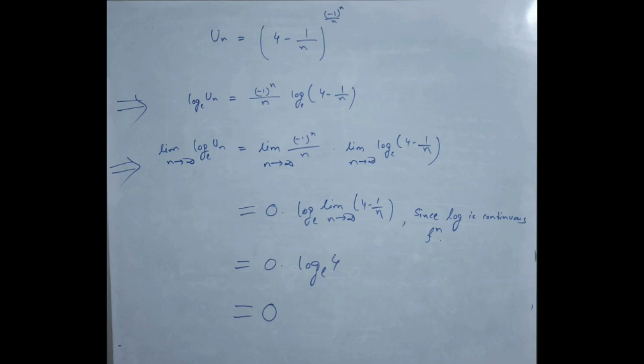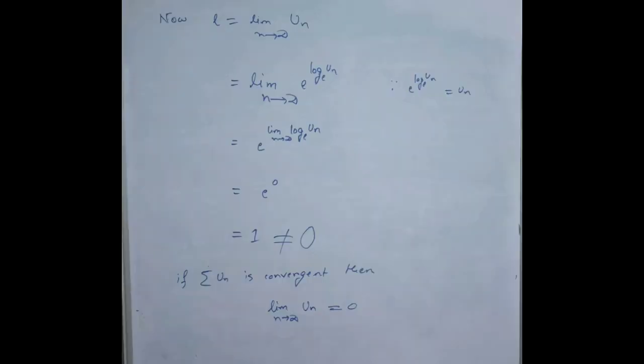So what is the limit of un? You can see that L equals limit as n tends to infinity of un. So we can write un as e to the power log un, since e to the power log un equals un. So from here we can write e to the power limit as n tends to infinity of log un, since limit and e can be interchanged, since the exponential function is a continuous function.